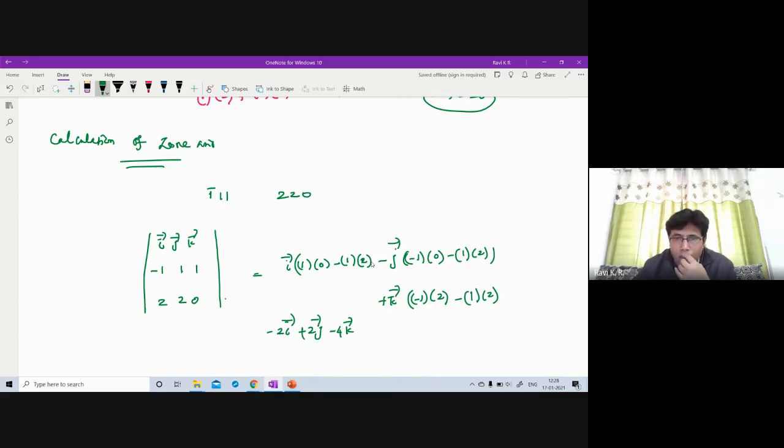In this case, everything you can divide by 2. You can write i plus j minus 2k. So you can write this one as 1 1 minus 2, an axis. This is your direction. I'm not sure, let me check this direction. What is this?